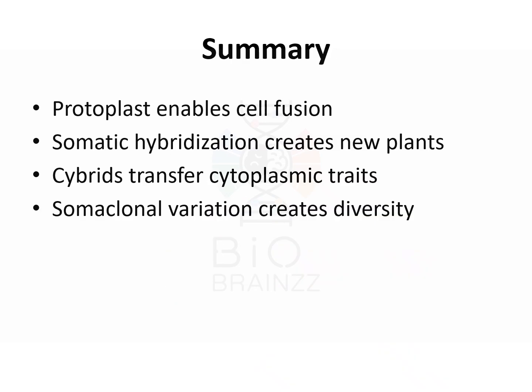In this unit, we have learned how removal of the cell wall produces protoplasts capable of fusion and genetic manipulation. We studied somatic hybridization and hybrid formation as methods of combining genetic material from different plants. We also explored somaclonal variation as a source of genetic diversity in tissue culture.